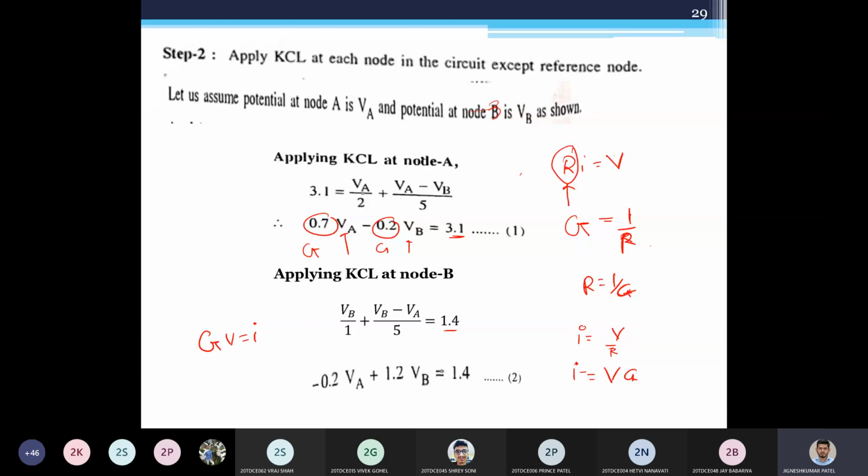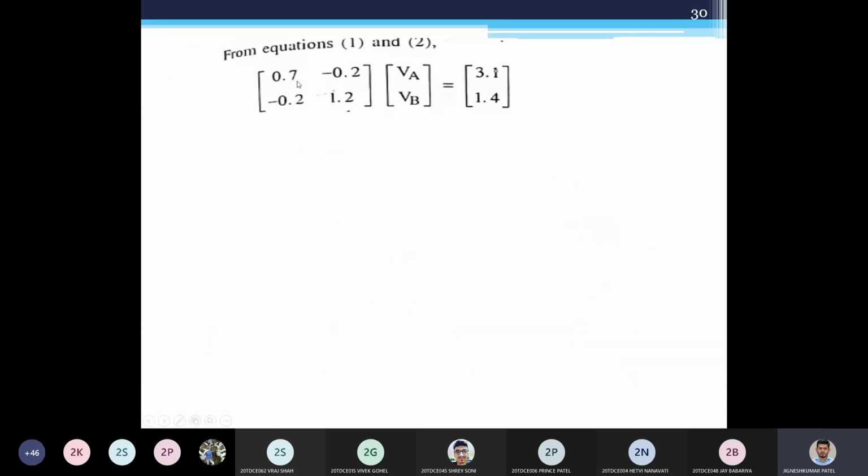For example, if you try elimination, you basically multiply something and then add it over there. The same effect will appear over here as well, so VB will be multiplied and again it will go up. That would be a little bit difficult, but Cramer's rule is a little bit easy.